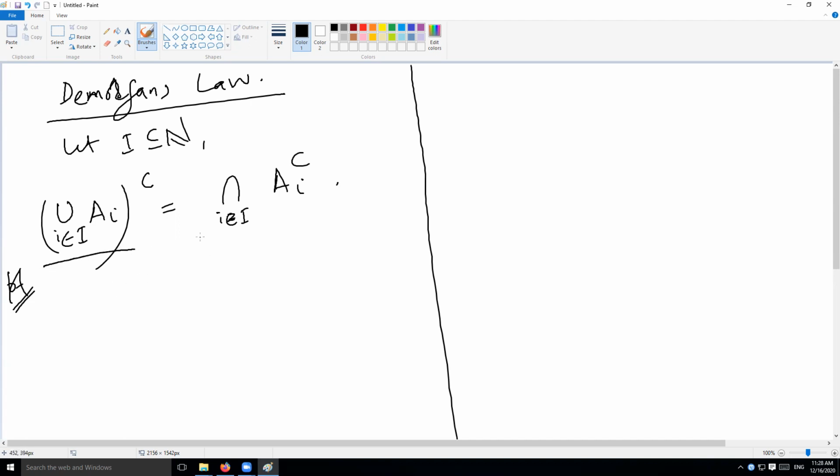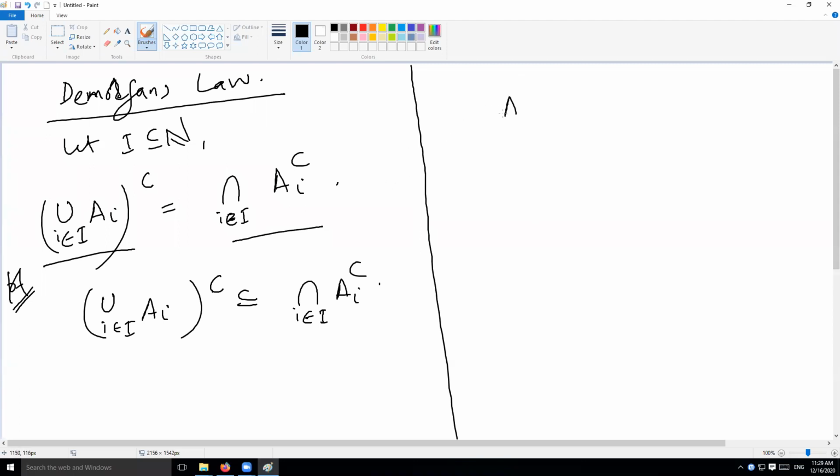So this is a set and this is a set and I have to prove the equality. So how should I prove it? I need to first show that the complement of the union over i in I of A_i is a subset of the intersection over i in I of A_i complement, right? By the way, when you are proving this, you are proving all kinds of De Morgan laws.